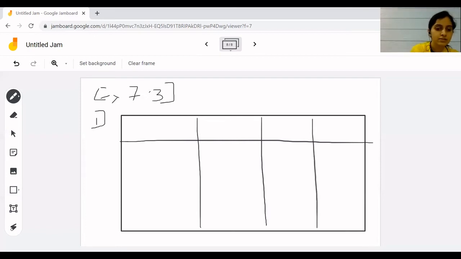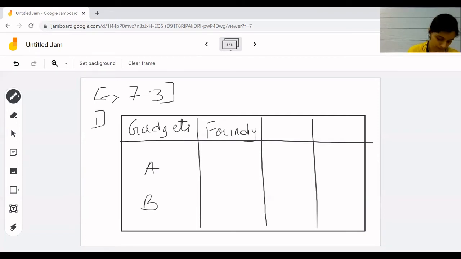We have two gadgets over here, so we have gadgets A and B. We have foundry and we have machine shop.